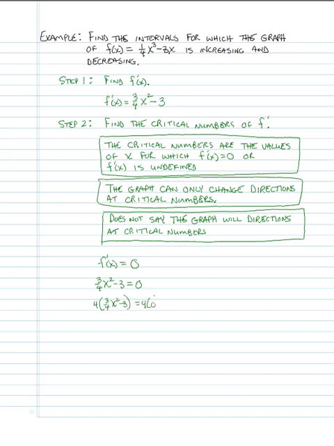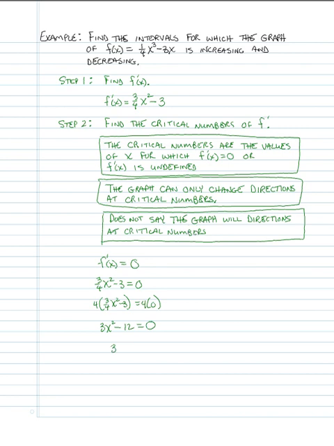So I'm multiplying both sides by 4. On the left side, when I multiply 4 with the 3/4, I get 3, so it becomes 3x squared, and then minus 4 times 3 is 12. And on the right side, 4 times 0 is just 0. So now it looks like a more normal quadratic equation, where x to the first power is missing. And so we don't have to factor or use the quadratic formula here, which we may in some other cases.